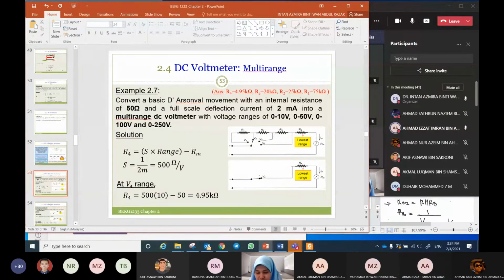Apa jawapan dia? Saya tak sure doktor. Tadi buat apa? Tadi dengar tak? Dengar. Don't know.